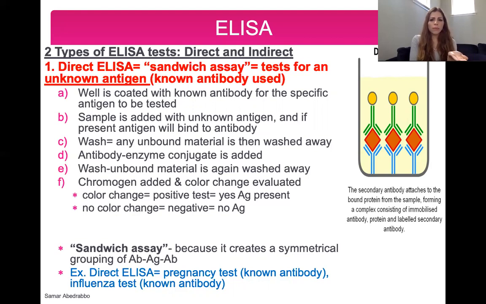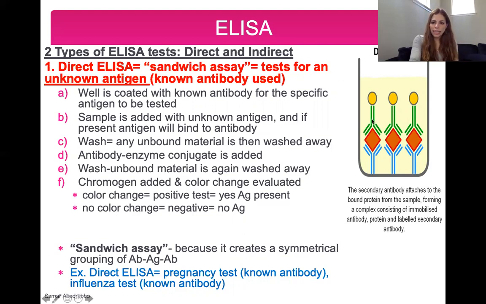So you have an antibody that's known, you add their sample, you're trying to see, do they have drugs in their blood or something like that. So you add the unknown antigen, and then you wash away anything that didn't bind, because the antibody and the antigen will bind to each other only if they're specific for each other.